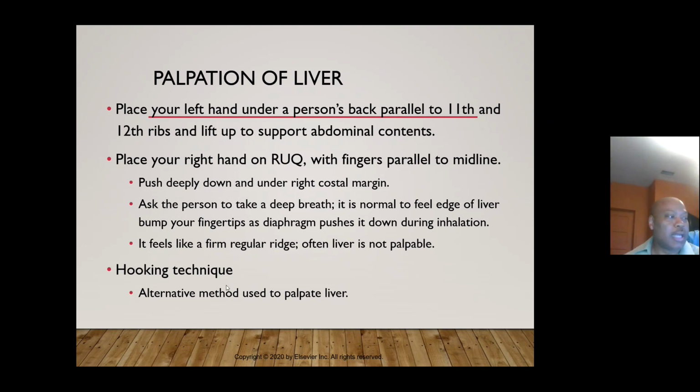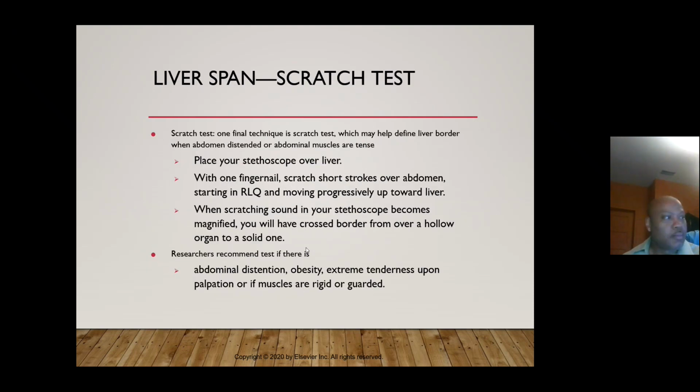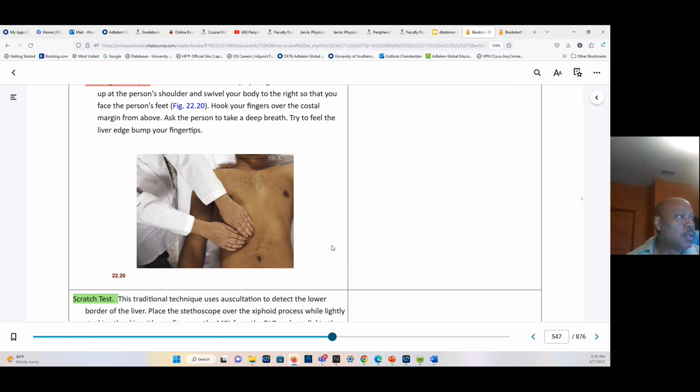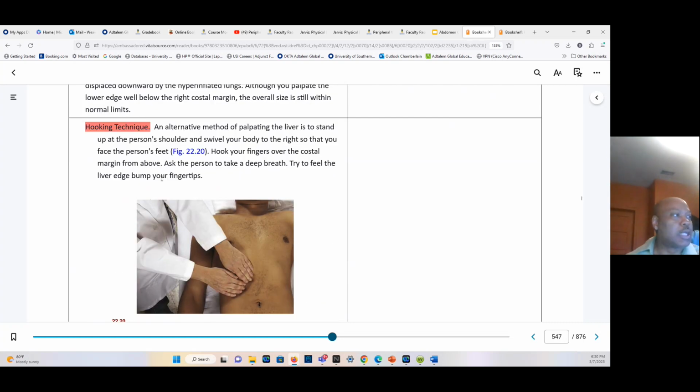There's also a hooking technique, which is an alternative method used to palpate the liver. I don't know if there's an image for that one as well. All right, yeah, it is. So this is the hooking technique here. And you can, of course, read this section here in terms of how to do that.